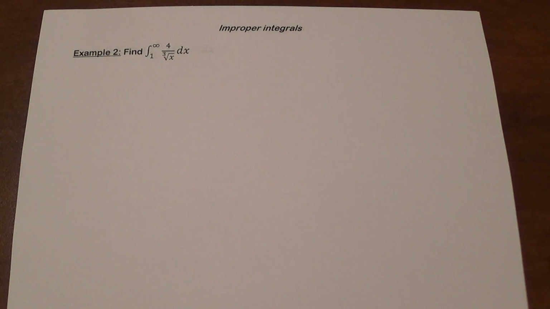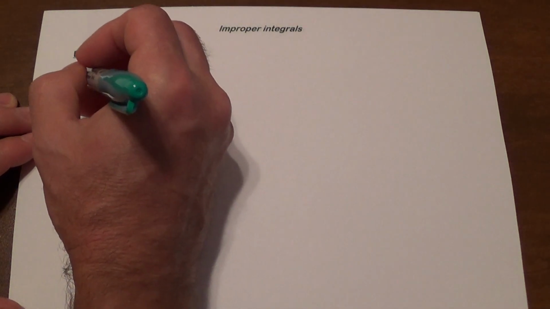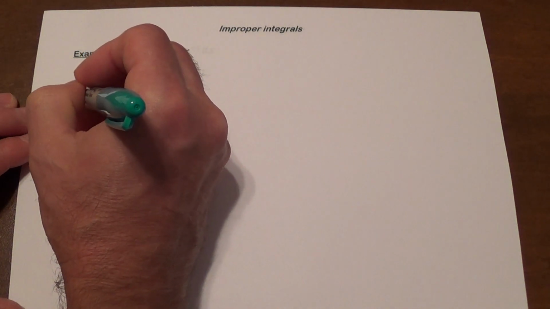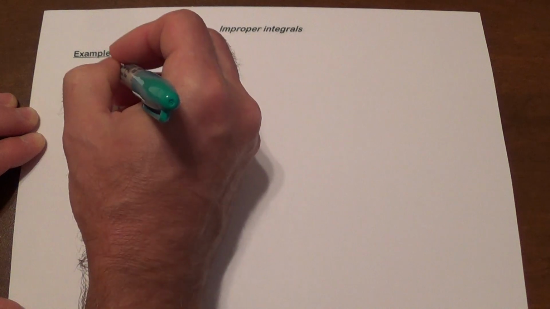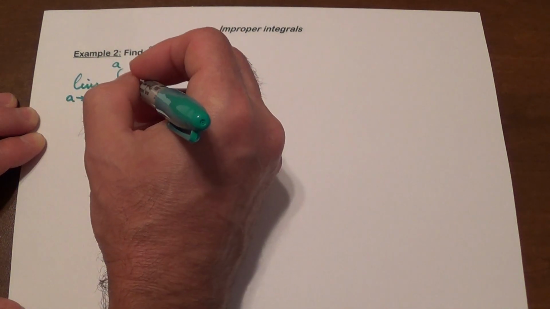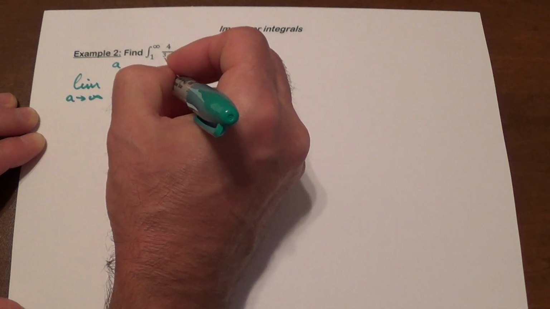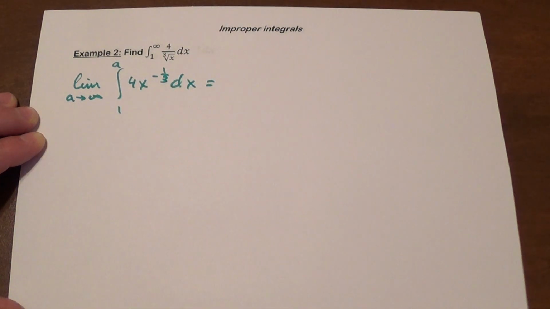Integral from 1 to infinity of 4 over cube root of x. Same problem, one of the limits is infinity, and we're going to use a limit expression there. So the limit as a approaches infinity of the integral from 1 to a of, let me rewrite that as 4 times x to the power negative 1/3 to make it easier for integration.